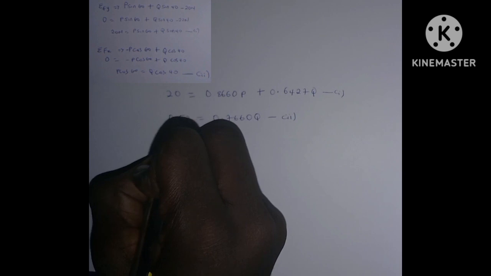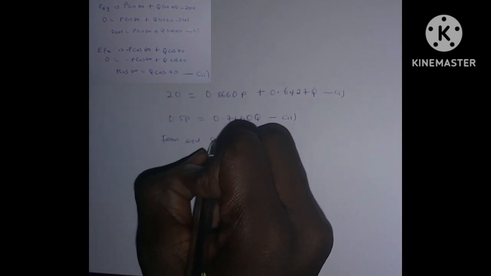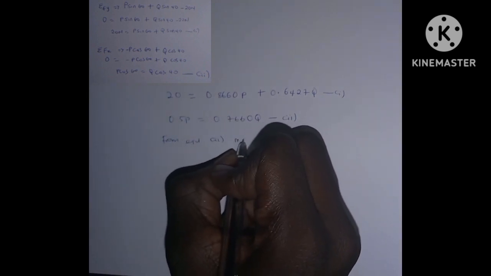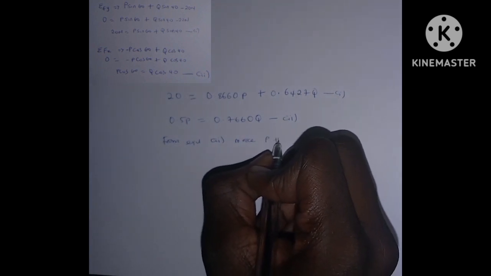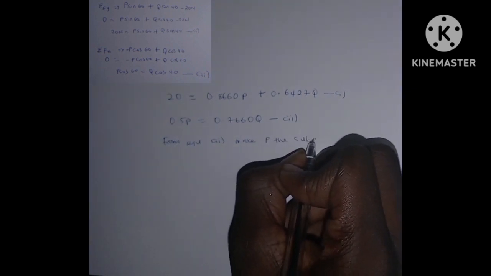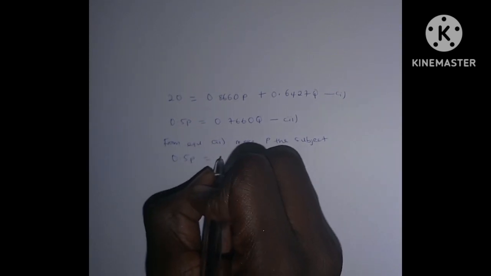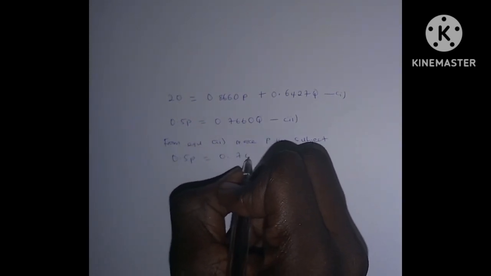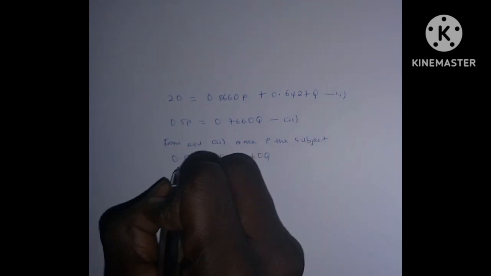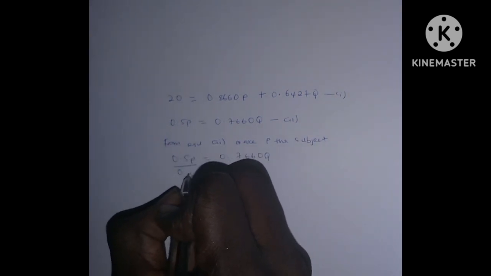Now from equation 2, make P the subject. From equation 2 we are making P the subject, so we are dividing both sides by 0.5.